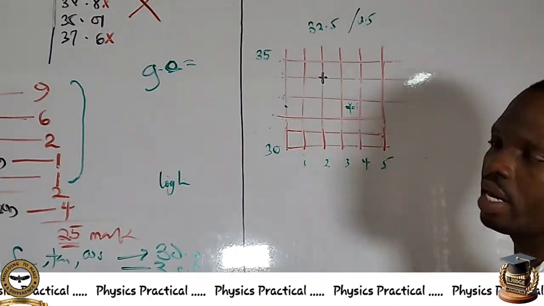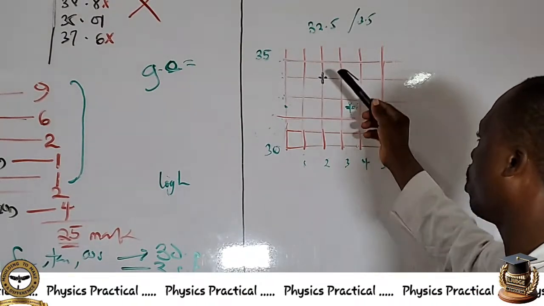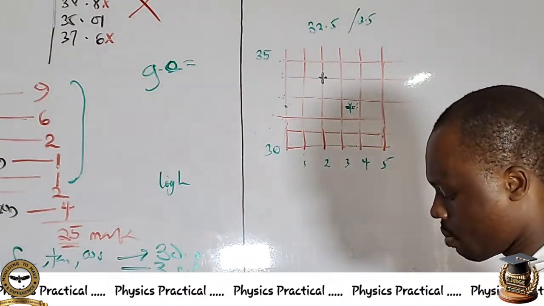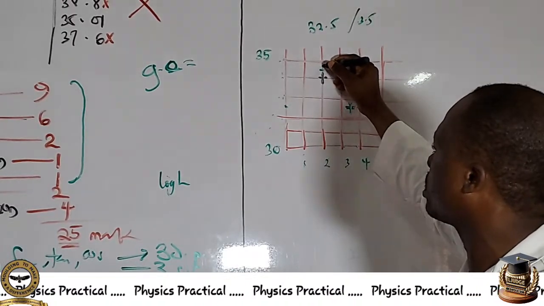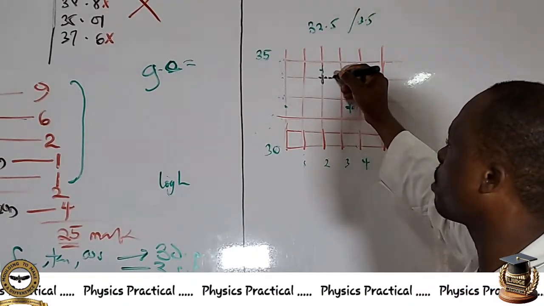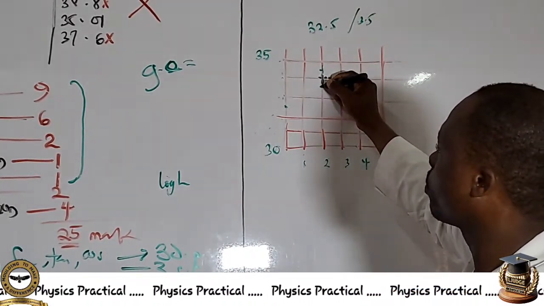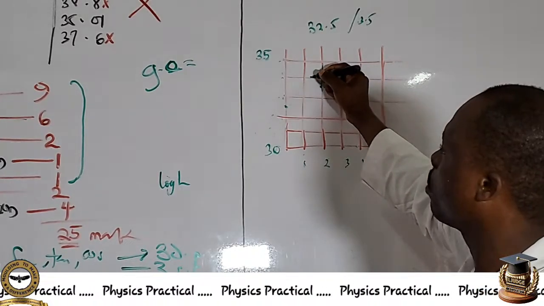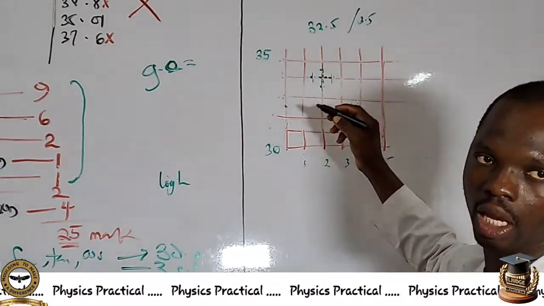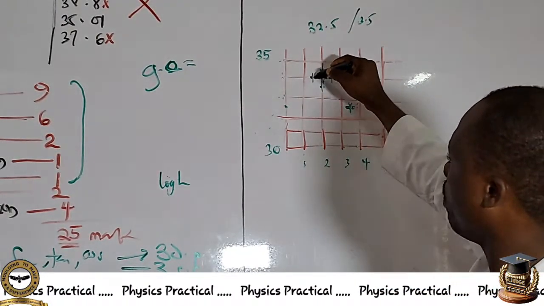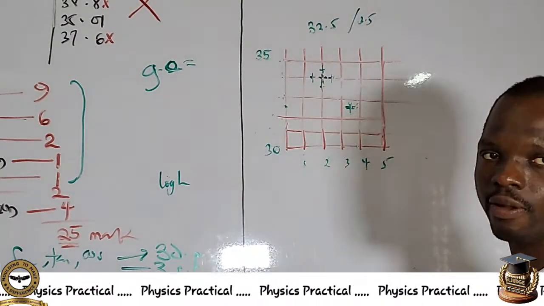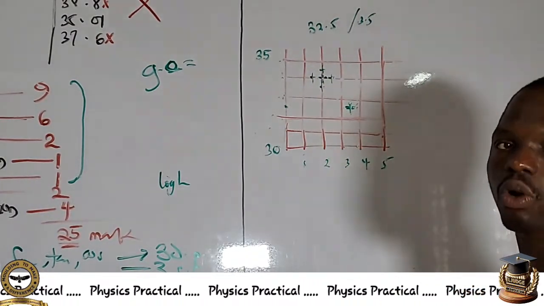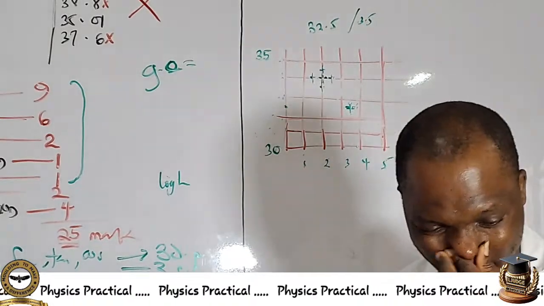If I put my point here, just half of the square, anywhere around this area will still be marked correctly, and that's how we read the point.